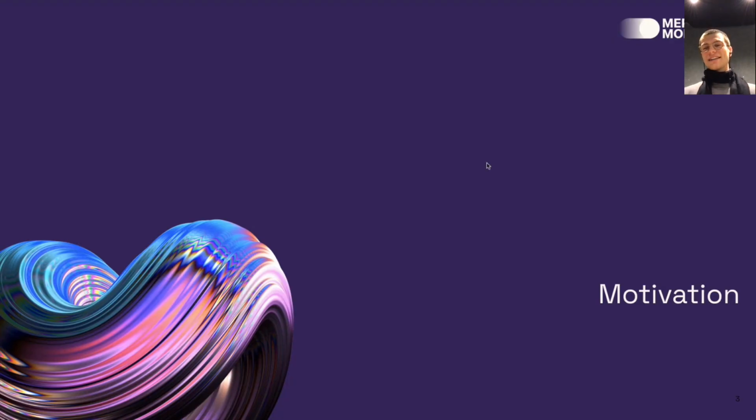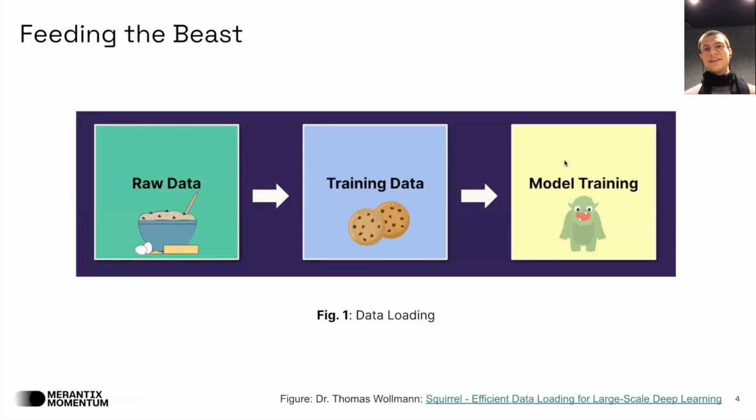Perfect. So let's start with the motivation of this talk. As we know, machine learning is all about data and feeding the beast. I have this slide from our engineering lead, Thomas Wollmann, who gave a talk on Squirrel at PyData at this conference that happened in the summer.